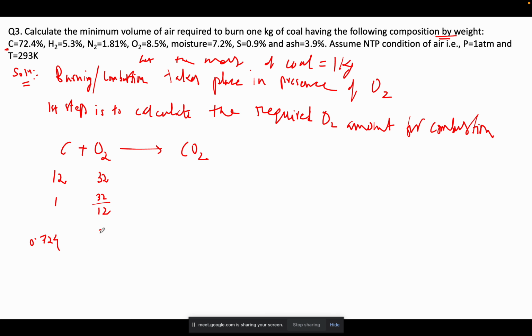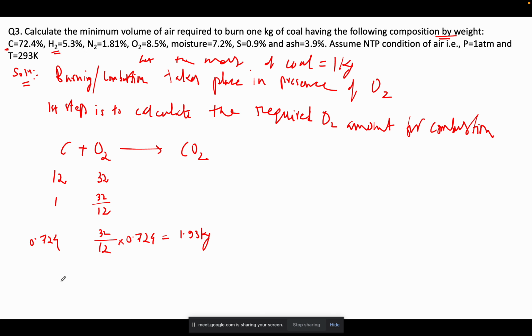Okay, so that will be equal to 32 by 12 into 0.724. Okay, so this is equal to 1.93 kg.